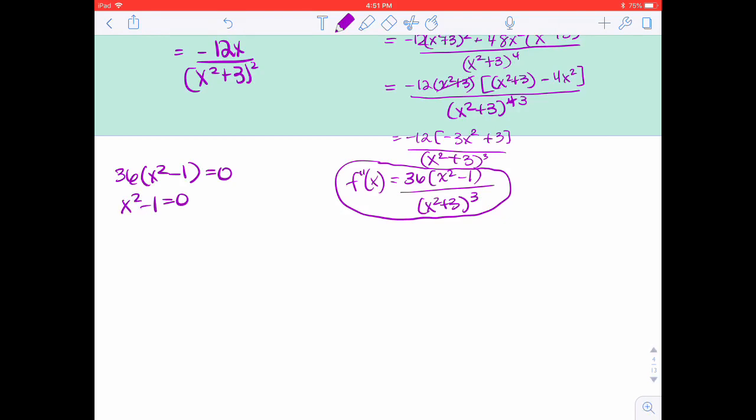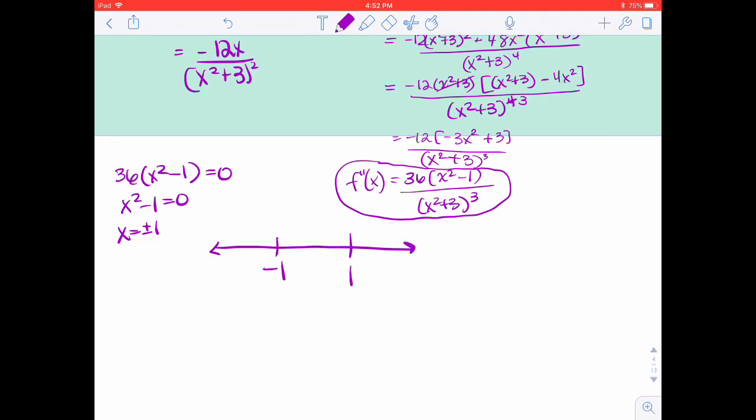Well, x squared minus 1 equals 0, so x is equal to plus or minus 1. And any value will work for x in the denominator, so it doesn't matter for where it doesn't exist, because any value for x is going to work in the denominator. So our two critical points here are -1 and +1.